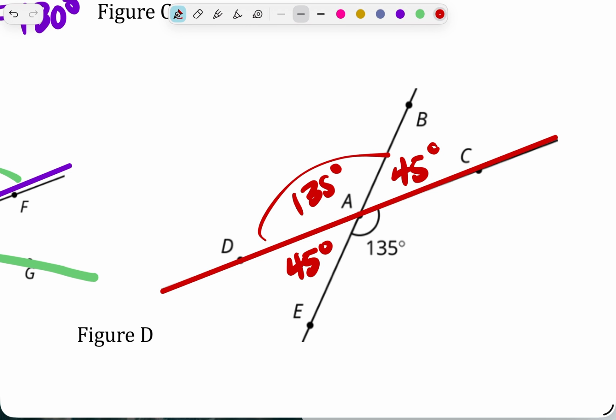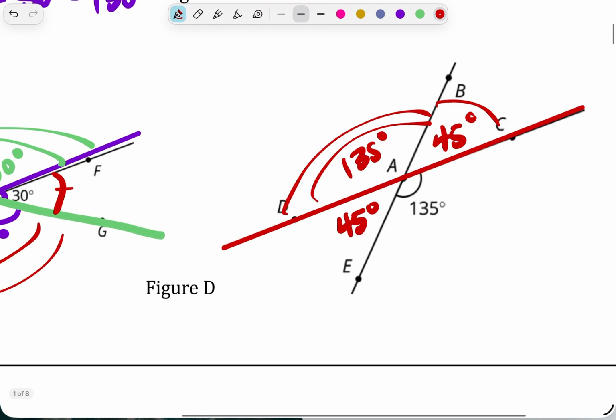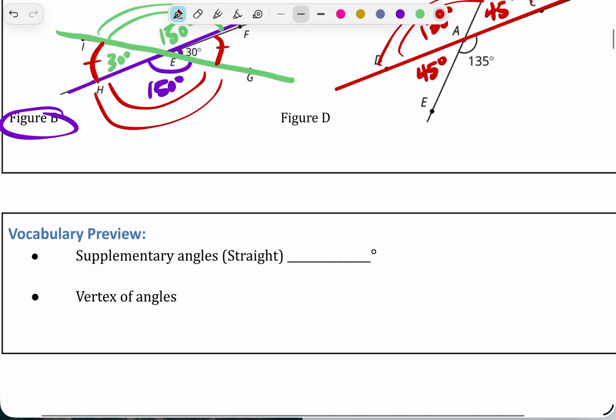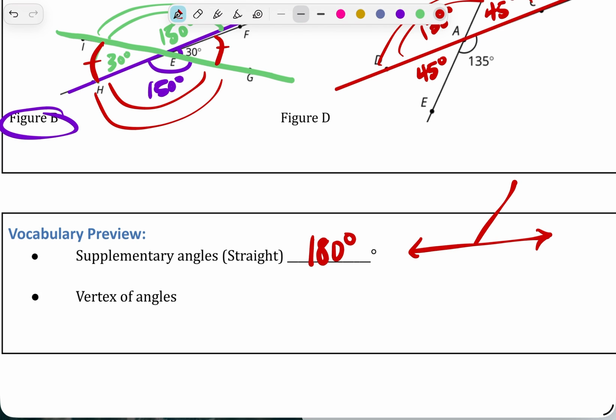We could also test this theory. These two angles add up to 180. All right. So supplementary angles are 180 degrees. You could see a straight line, and angles that add up to that straight line are 180.